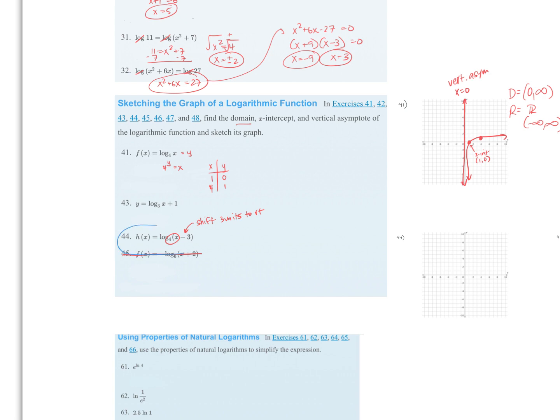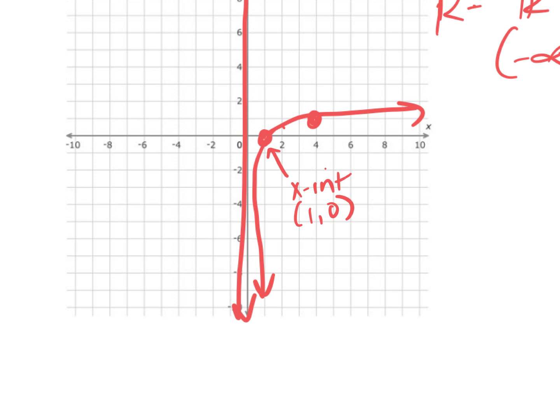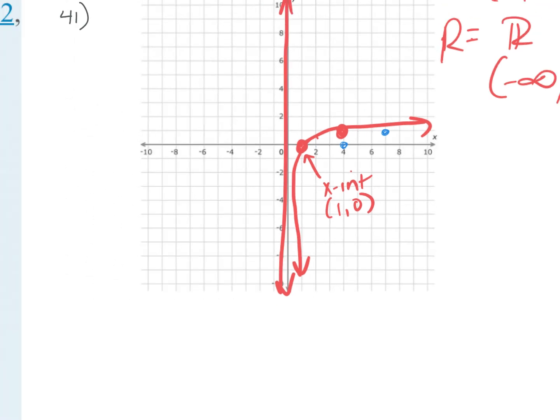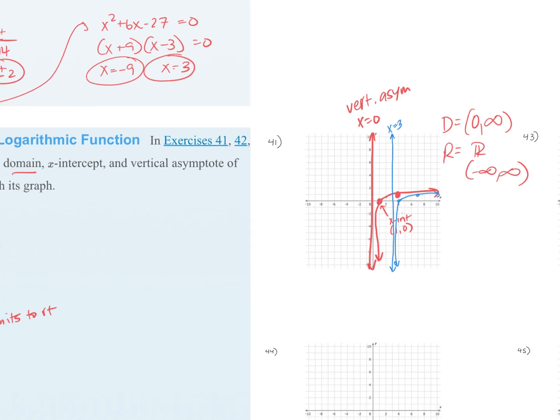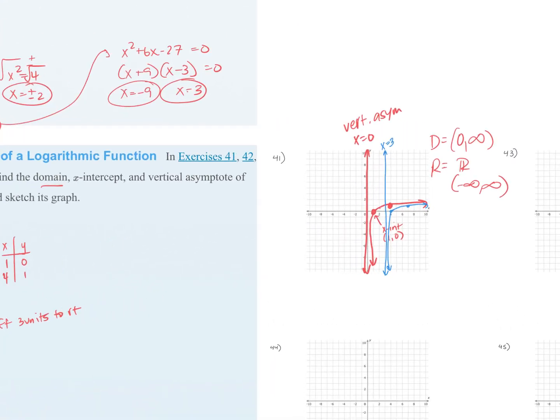So this one I'll do in blue. So each point, I'm going to go 3 to the right. I'm going to go 1, 2, 3 to the right. Okay, I'm going to follow the curve, but my asymptote also has to move 3 units to the right. So let me move that first. And so my line's going to kind of go like that, and it's going to go like that. So the blue one is the graph for number 44.